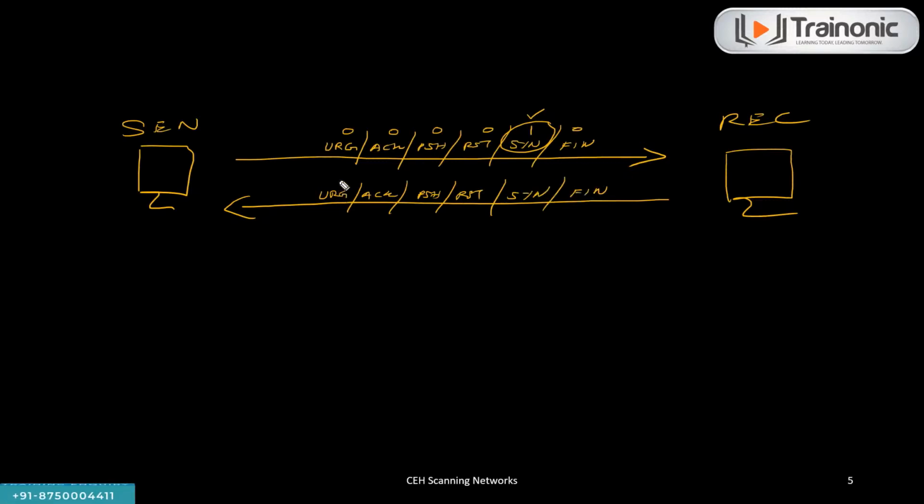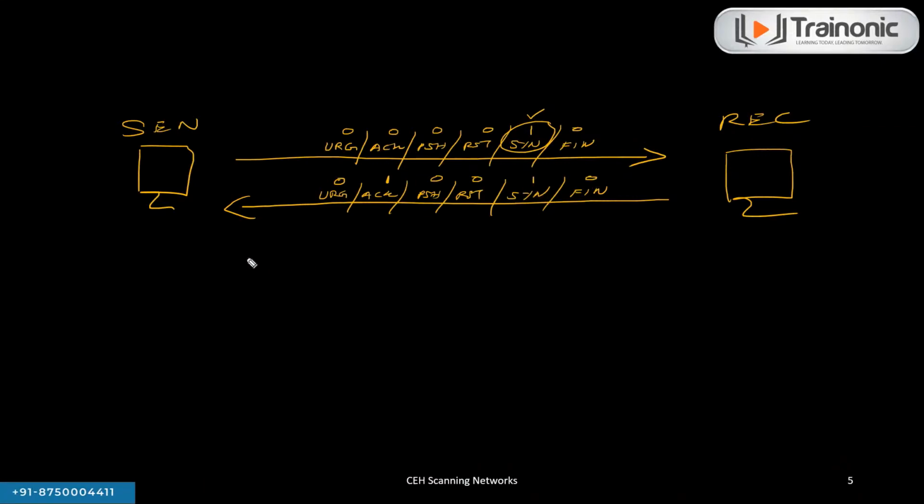On the other hand, when it actually responds to the sender's SYN, it gives you the acknowledgement. Yes, I'm the one, I'm alive. Now, who are you? Turned on, right? So that's the SYN.